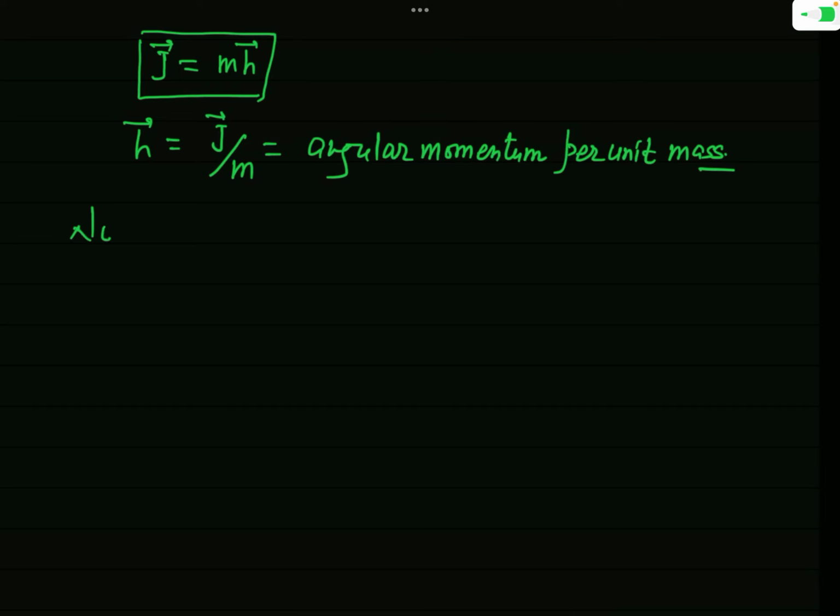So now you can see that J is equal to mh, and h, as you have seen, has been defined by r cross v.